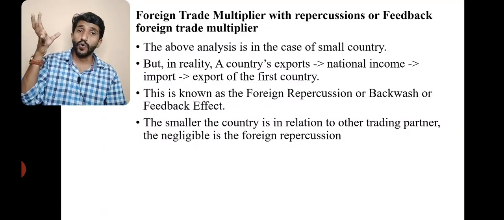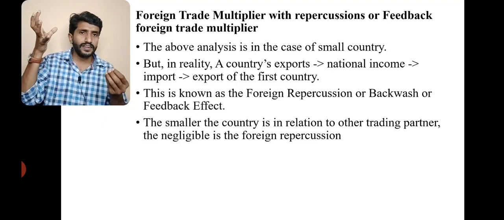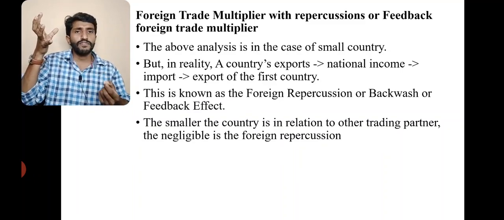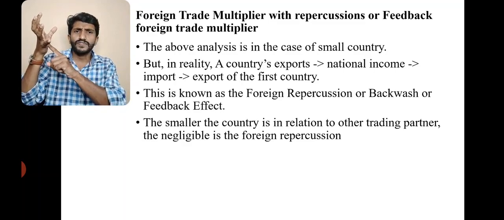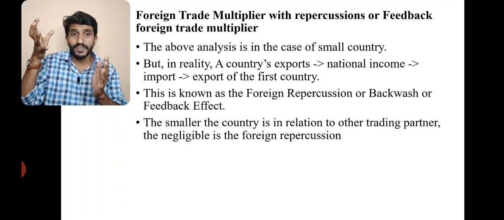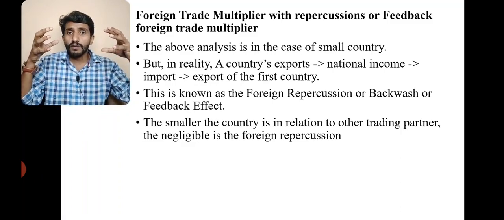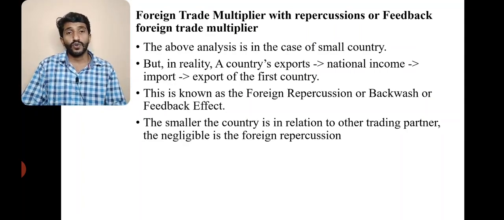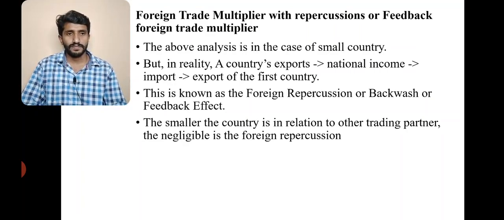If one country is very big and another country is very small, and they are making foreign trade, the small country's export and import will be very negligible as far as the big country is concerned. So this feedback won't be much. But if both countries are bigger, then there will be high feedback there.